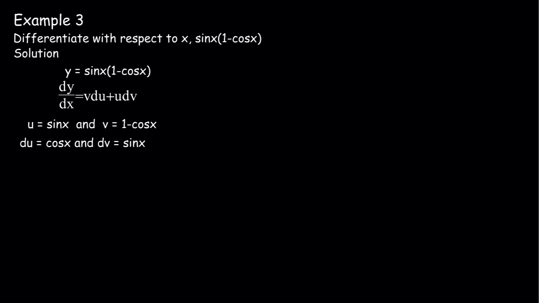du/dx will be equal to cos x, that is, differentiating sin x gives cos x, and dv/dx will be equal to sin x, because if we differentiate 1 minus cos x, it gives us minus minus sin x, which is equal to sin x.